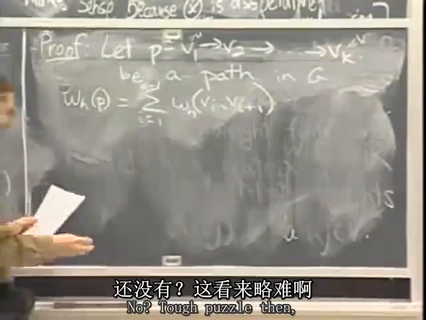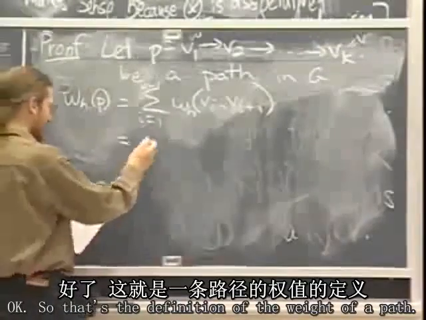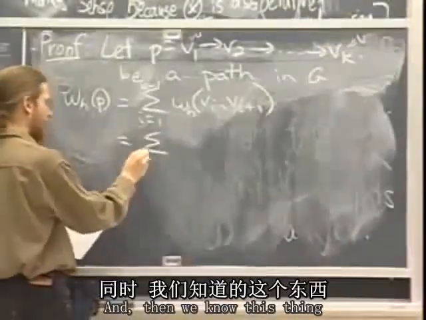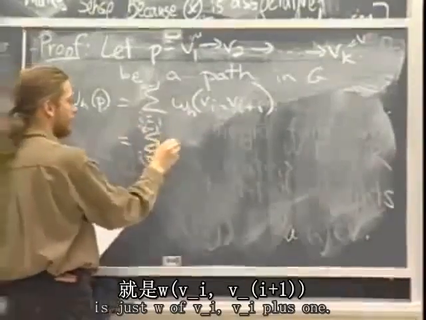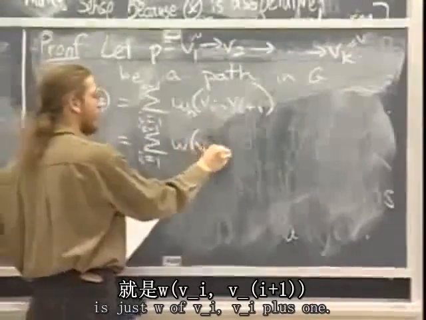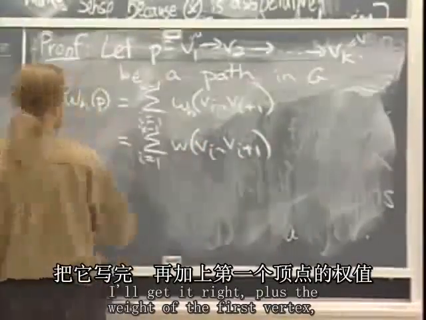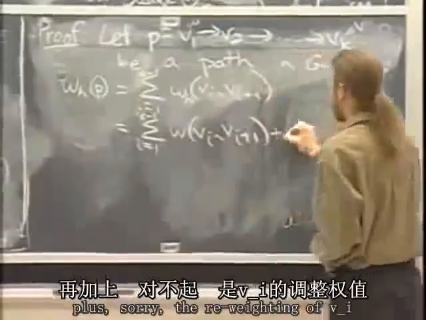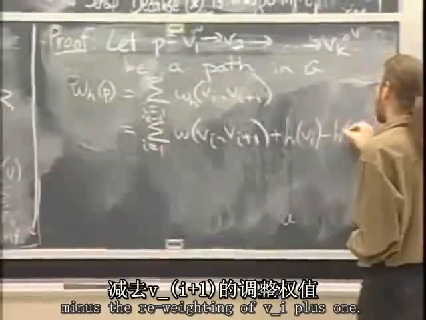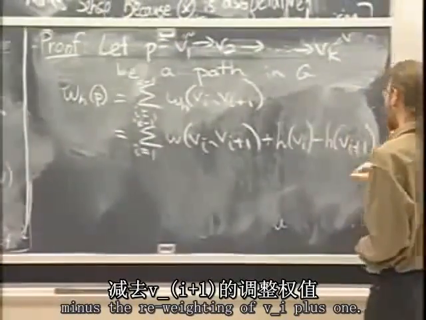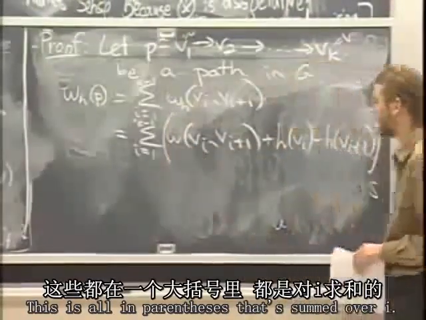Tough puzzle then. Okay. So that's the definition of the weight of a path. And then we know this thing is just w of (v_i, v_{i+1}) plus the reweighting of v_i, minus the reweighting of v_{i+1}. This is all in parentheses. It's all summed over i.